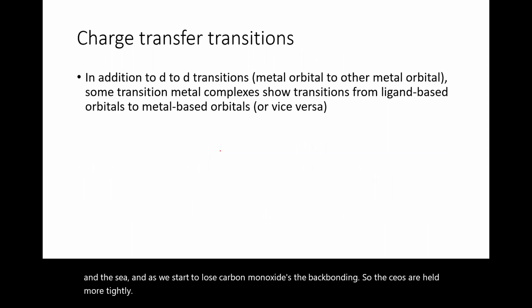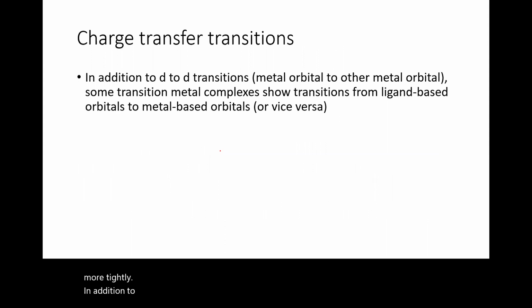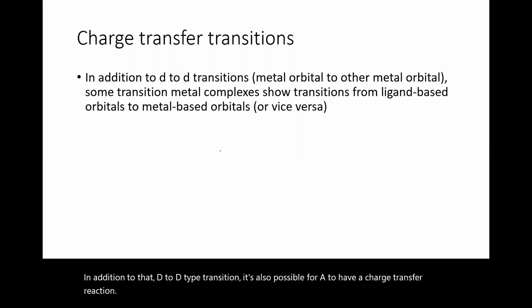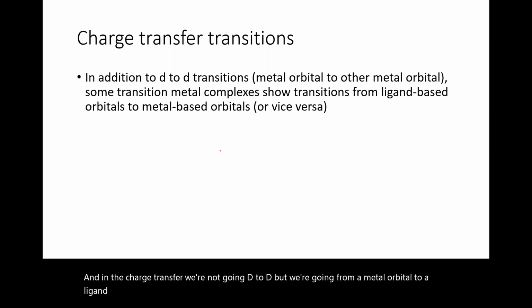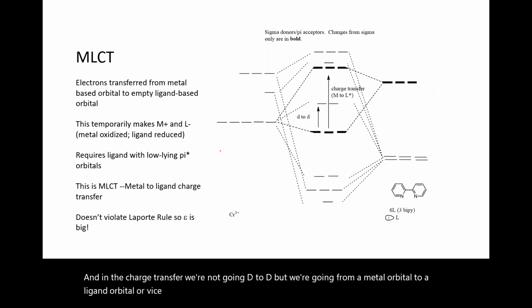In addition to that d to d type transition, it's also possible for a complex to have a charge transfer reaction. And in the charge transfer, we're not going d to d, but we're going from a metal orbital to a ligand orbital, or vice versa. So to see what that looks like, let's look at the complete MO diagram for a transition metal complex.